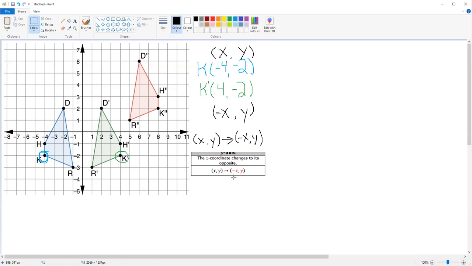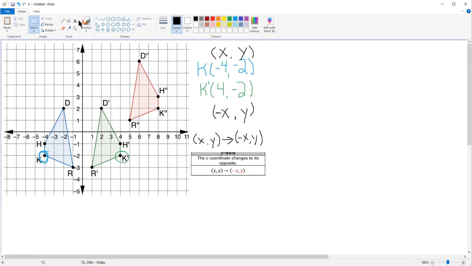The x coordinate changes. It's a reflection across the y-axis. It doesn't really show that, but that's the reflection. If it was a reflection across the x-axis, the y coordinate would swap. Okay, so that is the first one.